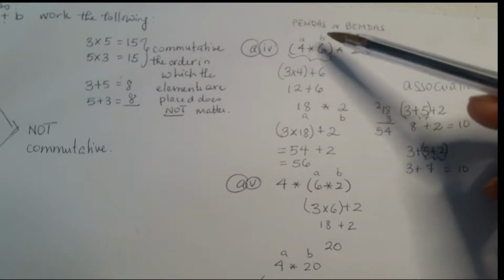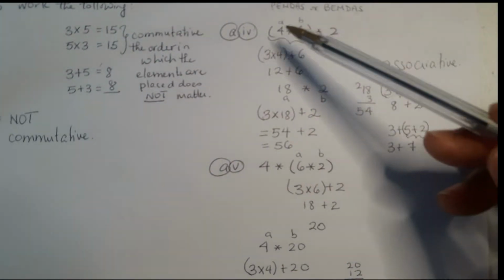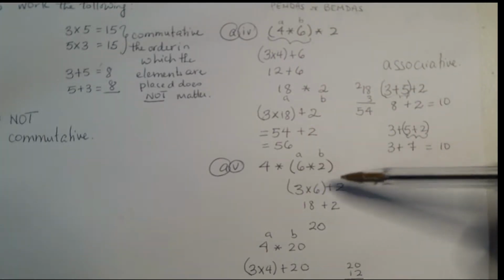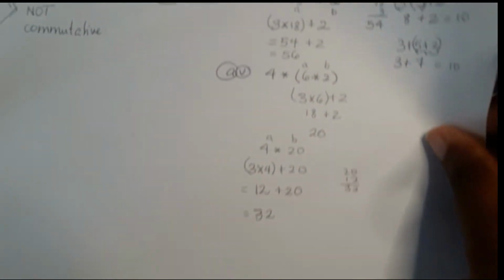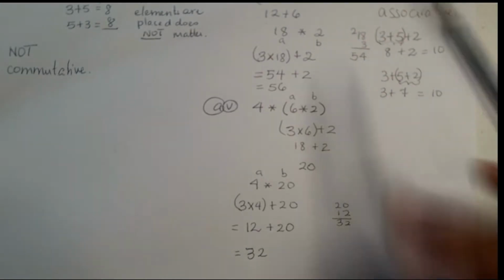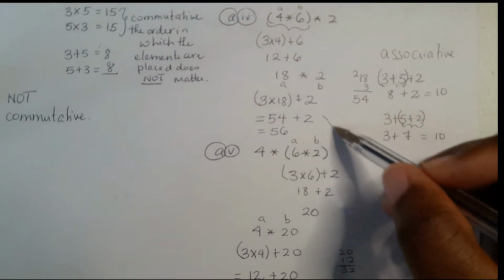However, when it comes to binary operations, if you look at it, the brackets were moved around. So in this case it was around 4 and 6, and in this case around 6 and 2. But in both cases the answers were different. You had 56 and you had 32. So therefore these two are not associative.